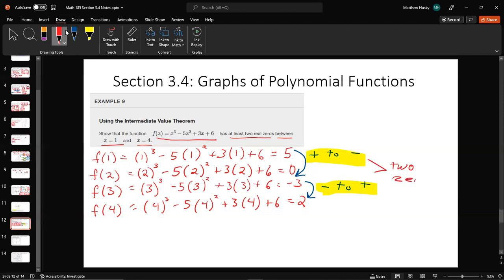And we actually inadvertently found one of them, because we happen to know that at 2, you do in fact get 0, but then somewhere between 3 and 4, there's going to be a 0, somewhere between f of 3 and f of 4. We don't necessarily know where exactly it'll be, but we do know it exists. And all we really care about is just showing that it exists.